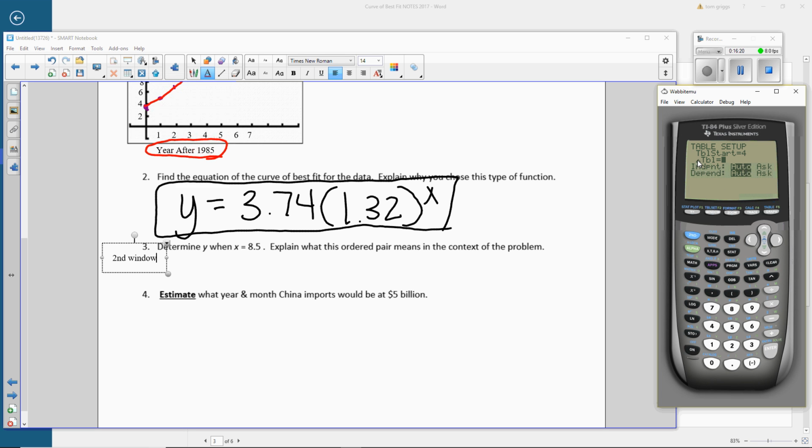That's what that triangle table means, and this is what we can count by. So I want to count by 0.5s so that when we go back to the table, second graph, we can find 8.5. And then when x equals 8.5, y is 39.263.